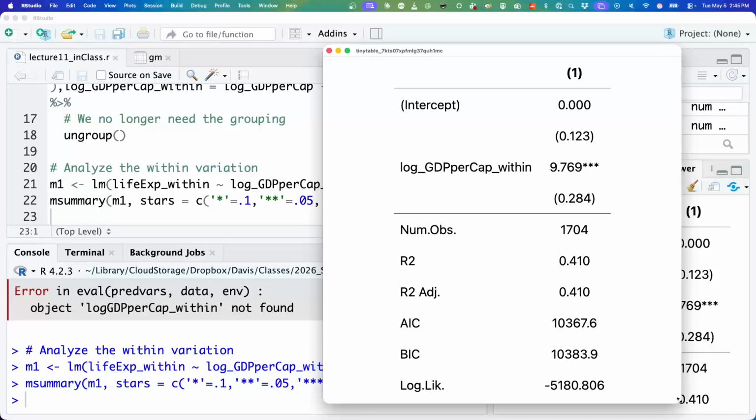Your years go up by 9, or is it the other way? It's a log change. Yeah, I think that's right. Yeah, so a 1% increase in GDP corresponds to a 9.8 year increase in your lifespan.